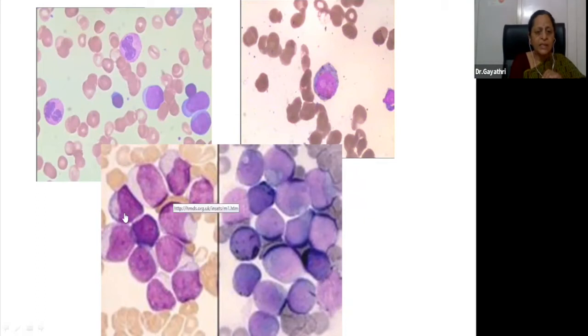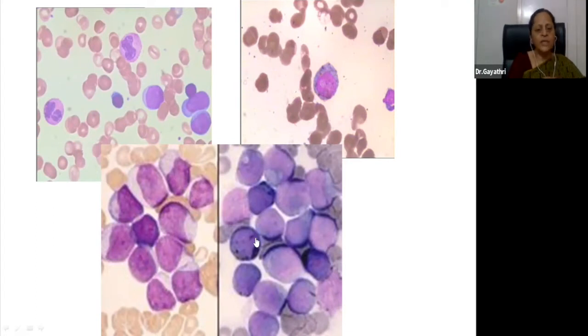When I see these, unless I do a myeloperoxidase stain, I will not tell morphologically whether these are lymphoid blasts, lymphoma cells, or myeloid blasts. Here, you see beautiful Auer rods stained with myeloperoxidase. So when we see Auer rods, we are sure that we are dealing with myeloid blasts.